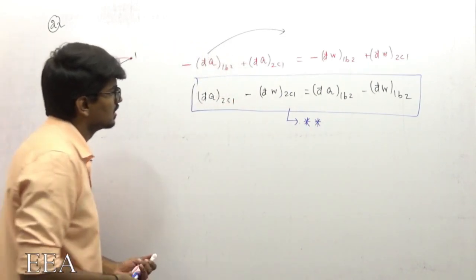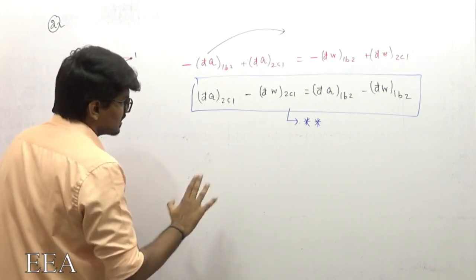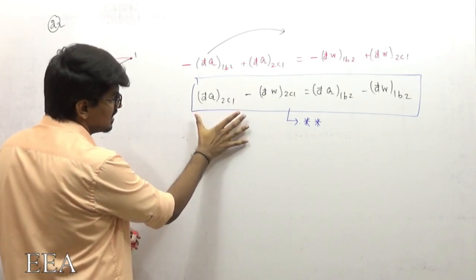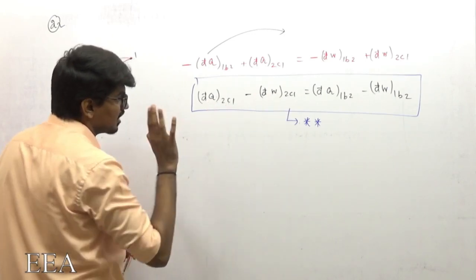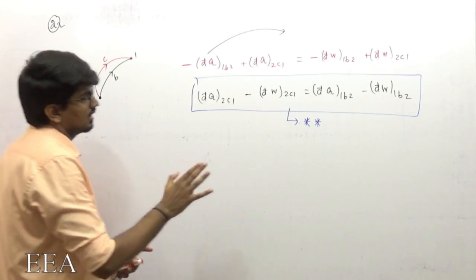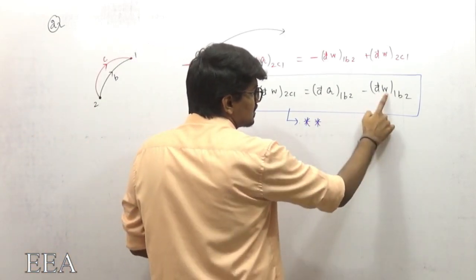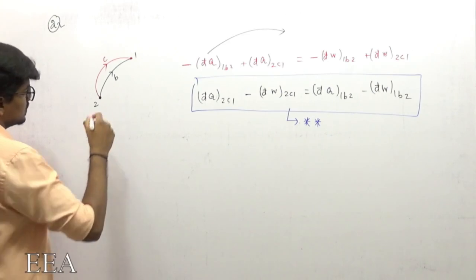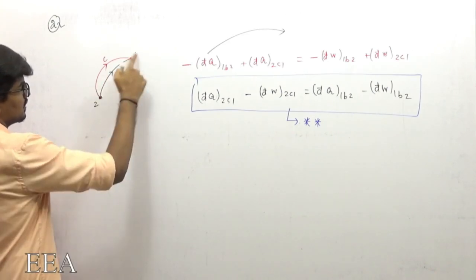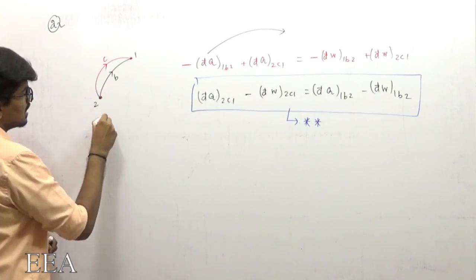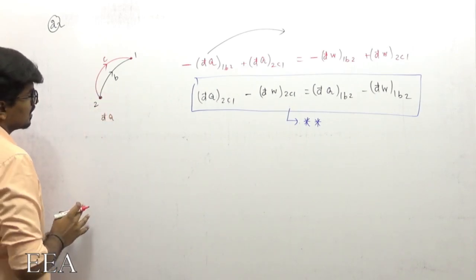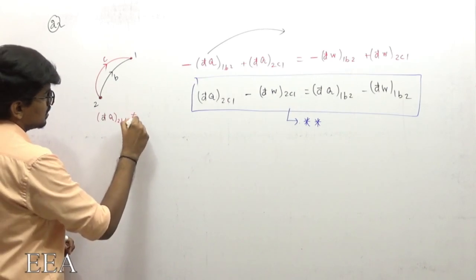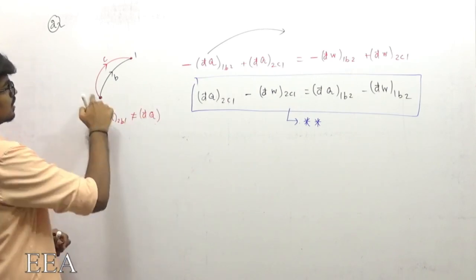What is that? See, this left hand side indicates the difference in heat transfer and work transfer for path C, and this indicates the difference in heat transfer and work transfer for path B. We know that individually, if the process happens from 2 to 1 through path B, d dash q of 2b1 is not going to be equal to d dash q of 2c1.